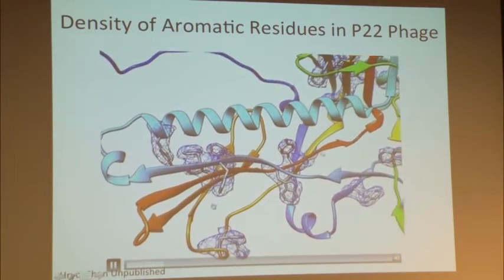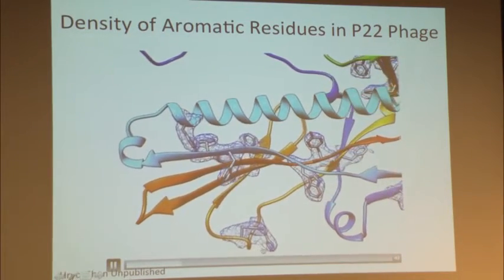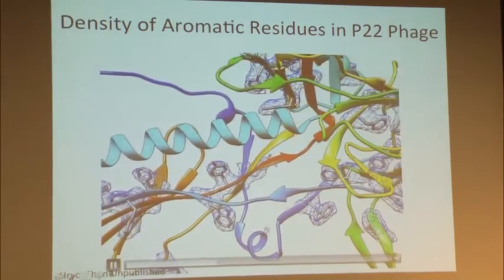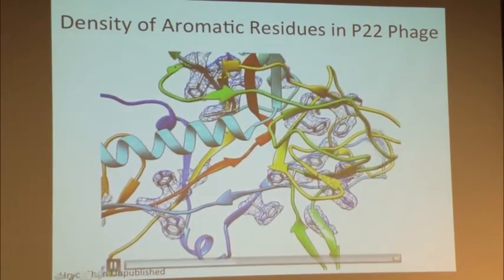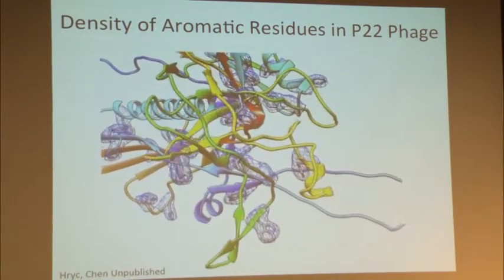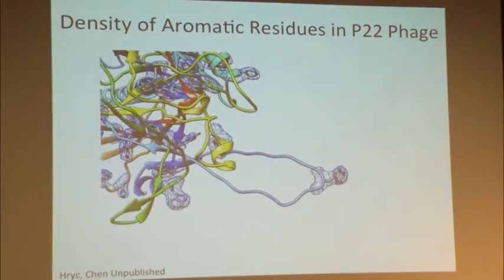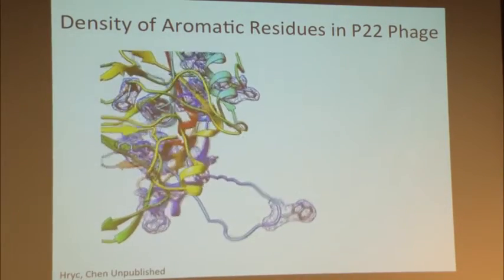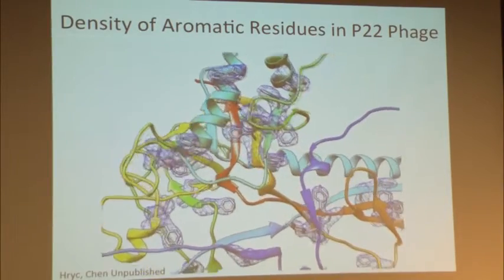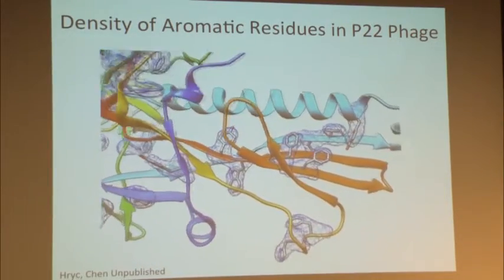So basically, all the aromatic side chain models fit very well with the mesh density throughout the entire polypeptide. I think that was the first thing we look for, how good they are. At 3.3 angstrom, we actually visualize the rotamer of the side chain quite nicely, as demonstrated in this particular movie.